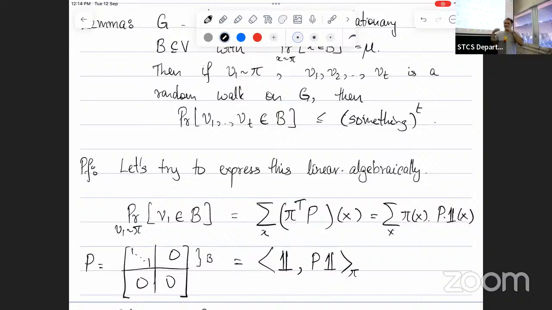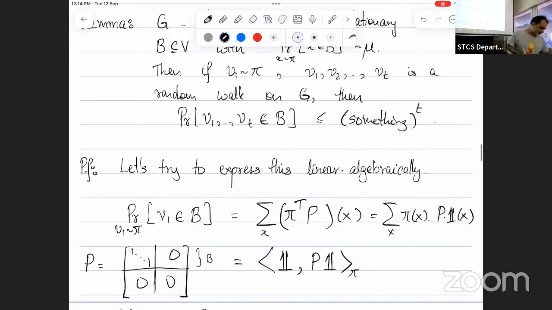We just need to look at it and notice that taking the inner product with all ones is like adding up all the entries. And all that P is doing is zeroing out the things that don't satisfy your event. And that exactly is going to be the probability that the first vertex happens to be in the set.